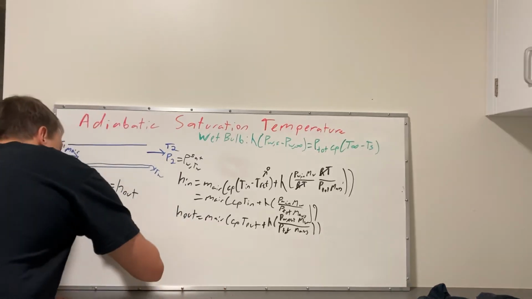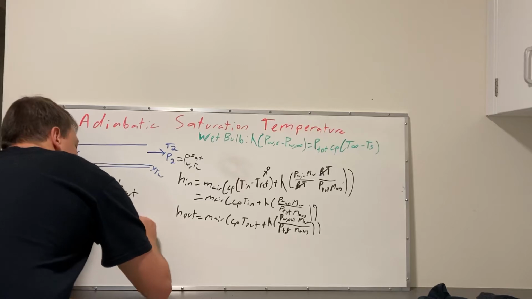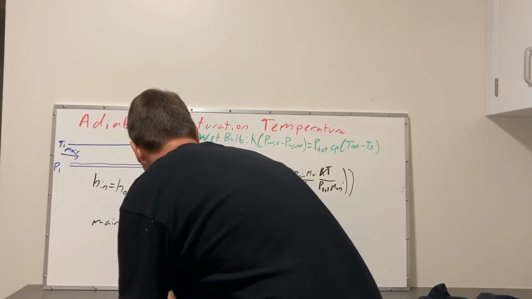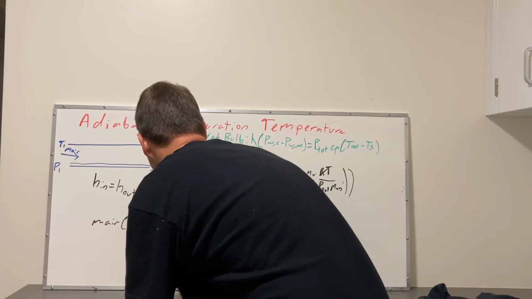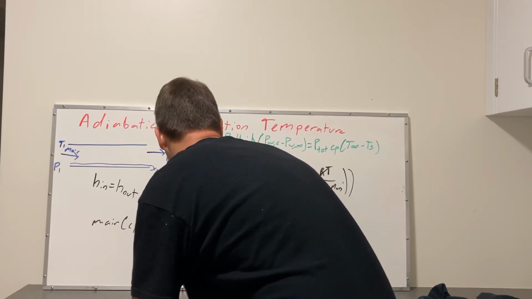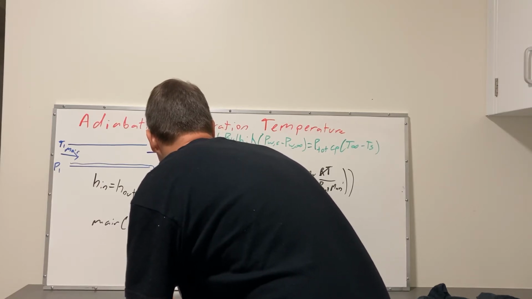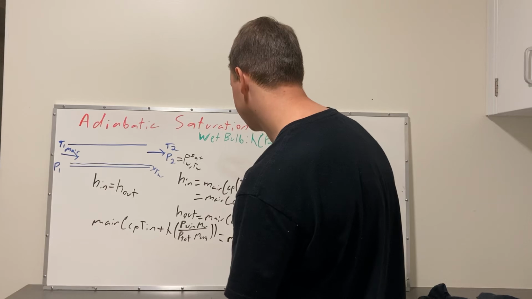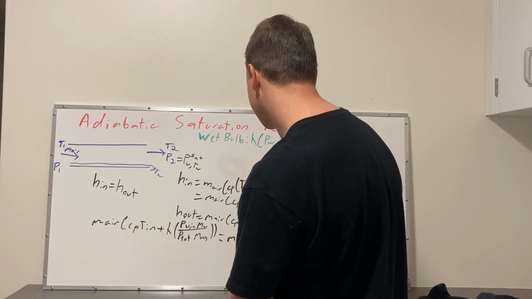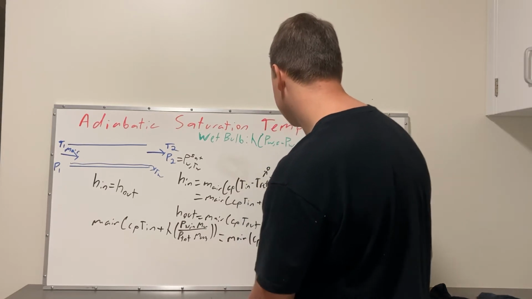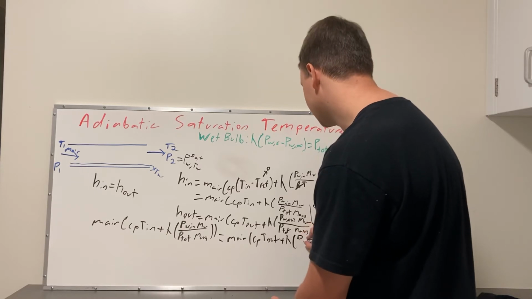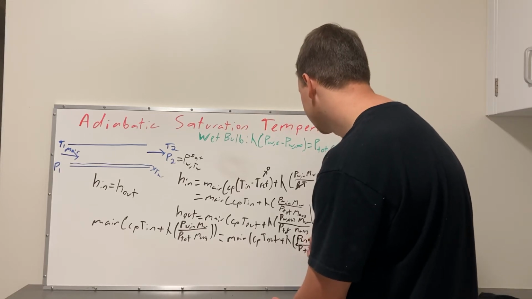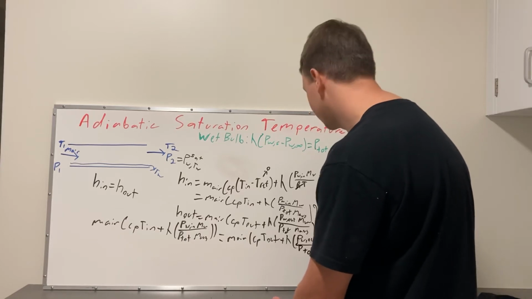So you have the mass flow rate of the air times the heat capacity times temperature in, plus the heat of vaporization times the pressure of the water in times the molecular weight of the water, over the total pressure times the average molecular weight, is equal to the enthalpy out, which is the mass flow rate of air times heat capacity times temperature out, plus heat of vaporization times pressure of the water out, times molecular weight of water, divided by total pressure times average molecular weight.